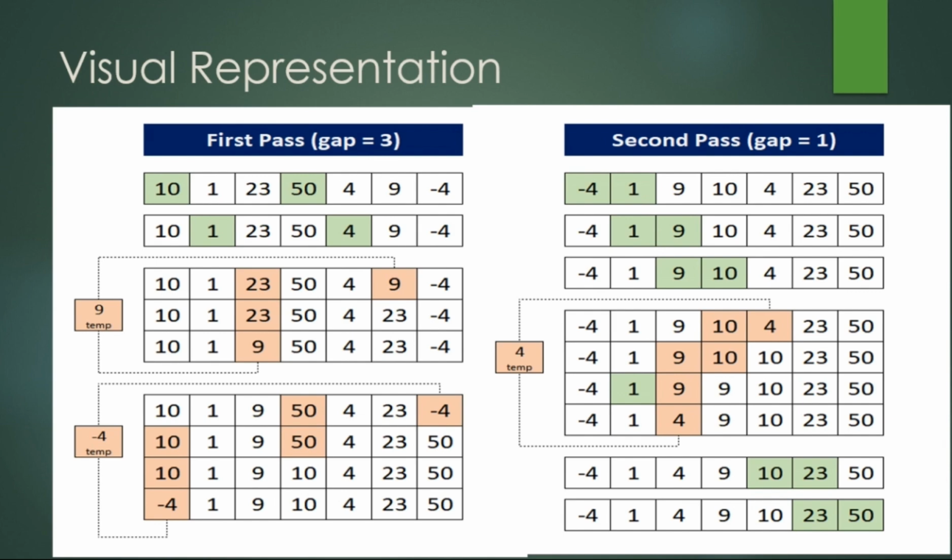Then all the elements are compared with each other, and finally we obtain our sorted array, that is minus 4 placed in the first index, 1, 4, 9, 23 and 50. The array is sorted in ascending order.